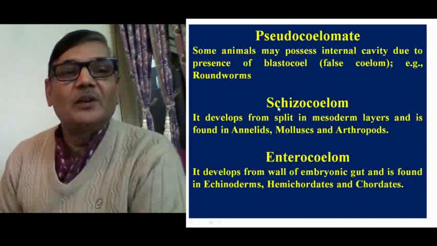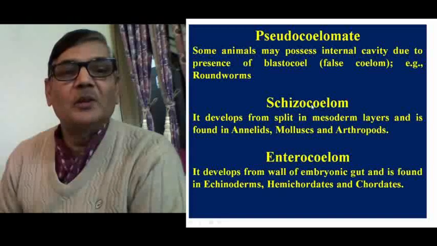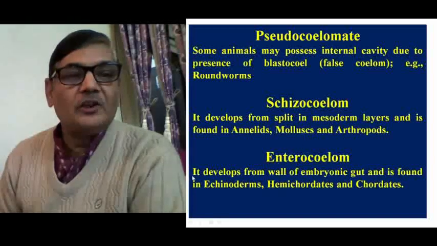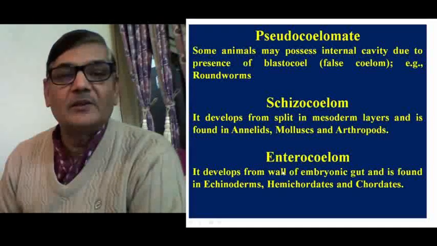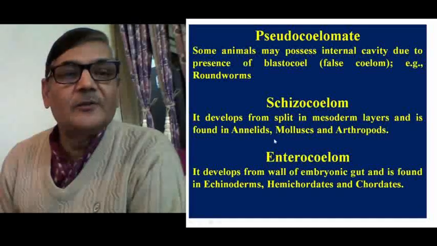The second one is the schizocoelom condition, which is found in annelids, mollusks and arthropods, and here the mesoderm splits and forms the coelomic cavity. And the third type is enterocoelom, in which the coelomic cavity develops from the wall of the embryonic gut and is found in echinoderms, hemichordates and chordates.